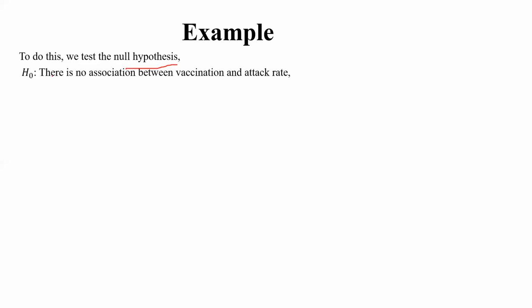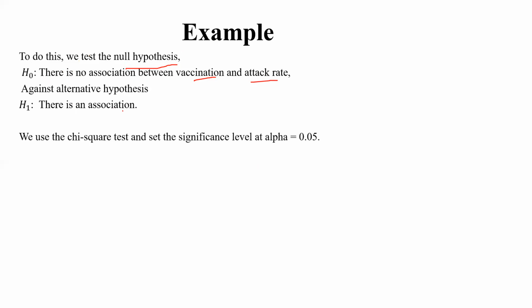In that case, the null hypothesis would be there is no association between vaccination and attack rate, and the alternative hypothesis would be there is an association. So this is the null hypothesis and alternative hypothesis. Now we use the chi-square test set at the significance level of 5%, or 0.05.